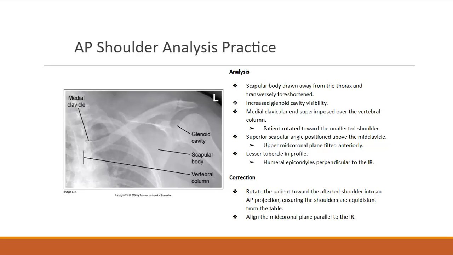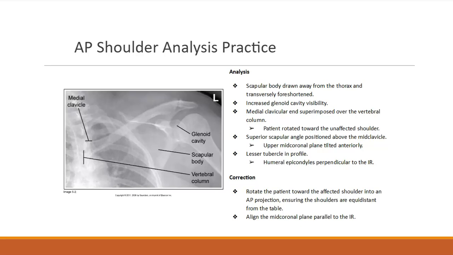So let's review this last practice analysis of the AP shoulder together. Again, we're going to look for rotation and coronal plane tilt. First, we're going to look at the medial clavicular end to determine if there's any rotation, and it is superimposing over the vertebral column. This should let you know that the patient is rotated towards the unaffected shoulder.